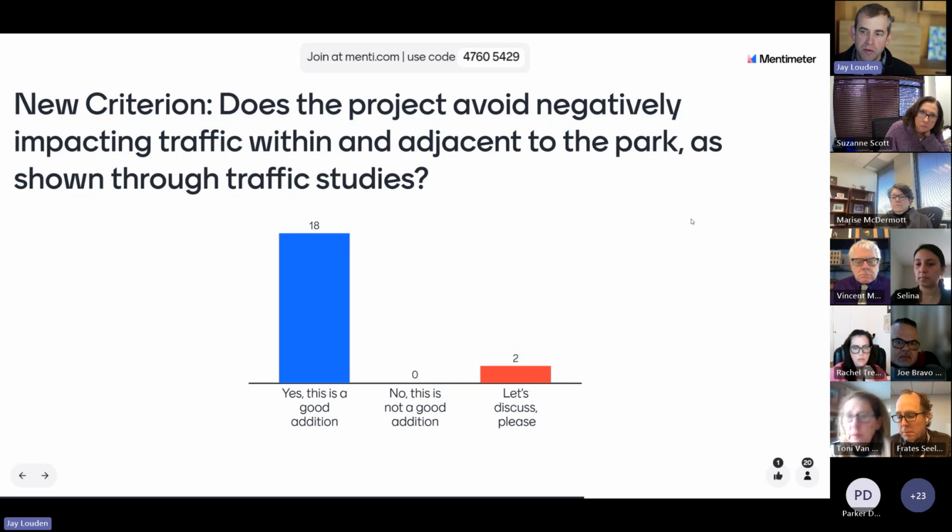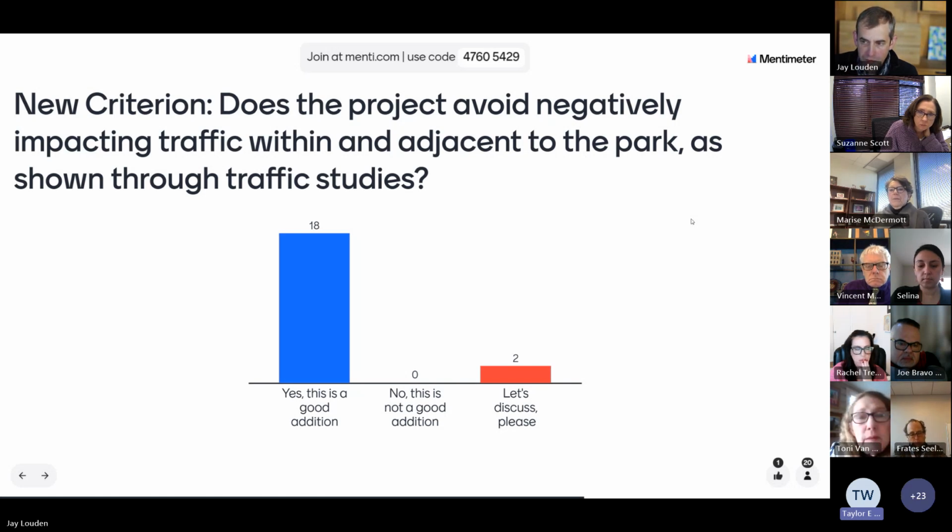Taylor, you've got your hand up? Yeah, I don't know if I love the wording, but I think the community concern is how this fits into existing projects and plans for circulation. And to Tony's point earlier, is the traffic study done? There's more general concern about how the car traffic flows and is planned, rather than specifically avoiding traffic.